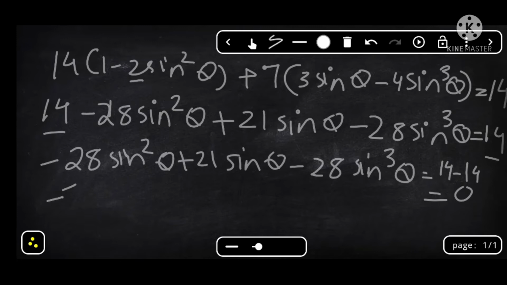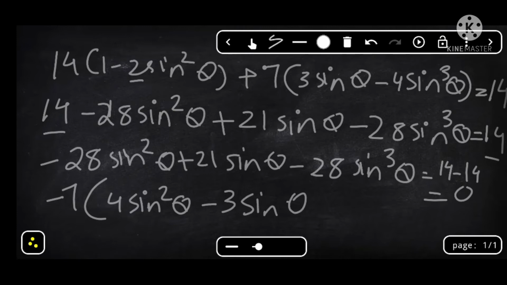So I am taking minus 7 outside, so it will be 4 sine square theta minus 3 sine theta plus sine cube theta equal to 0.